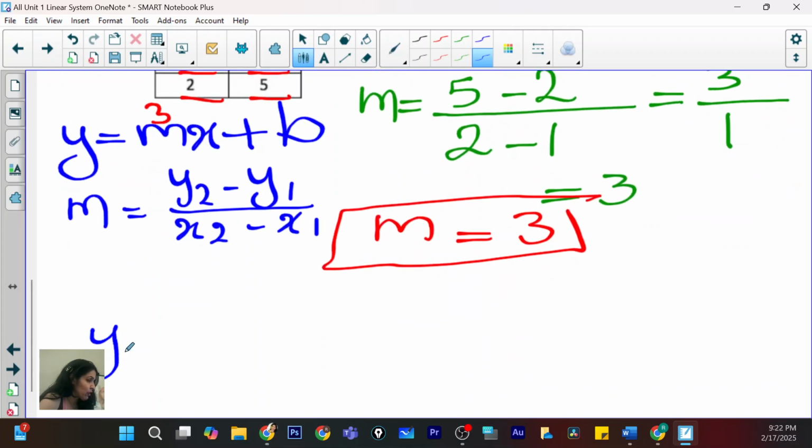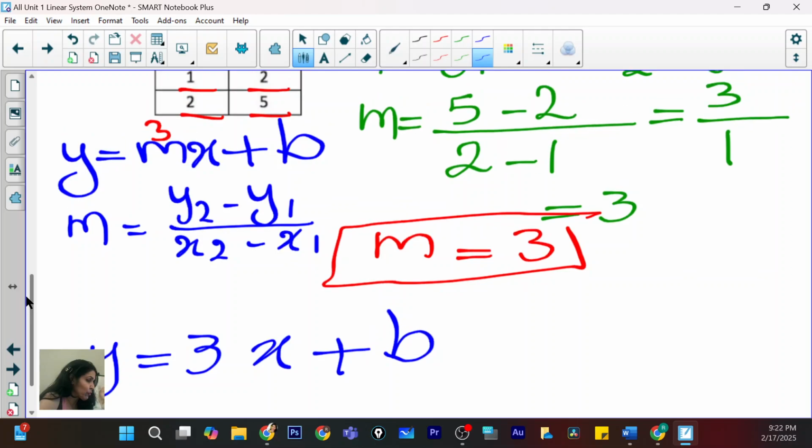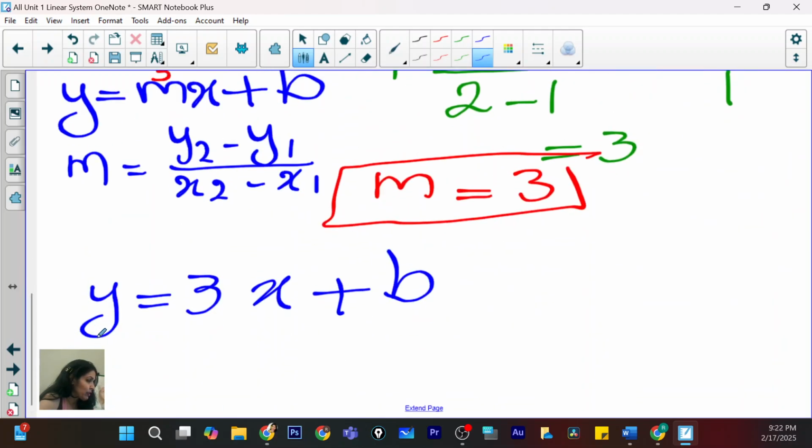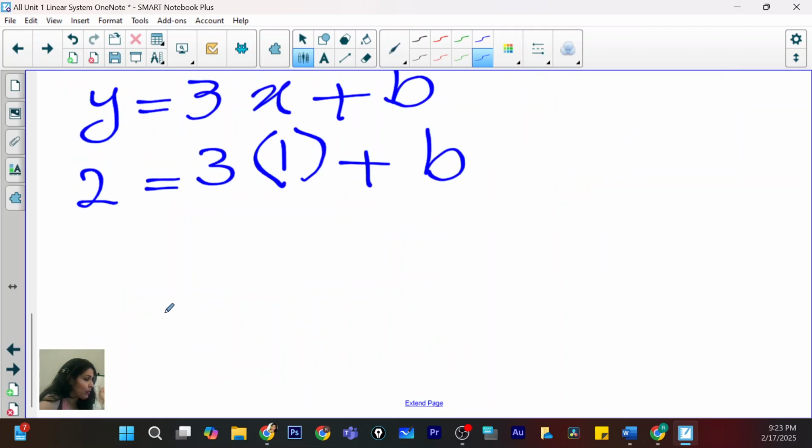So equation of the line is y equal to m is 3x plus b, and I'm going to plug 1, 2. Instead of y, put 2 equal to 3. Instead of x, put 1, because we are multiplying or putting bracket. So 2 equals to 3 times 1 is 3 plus b.